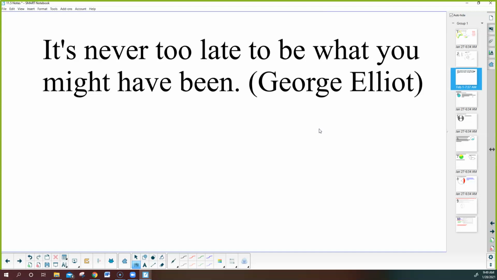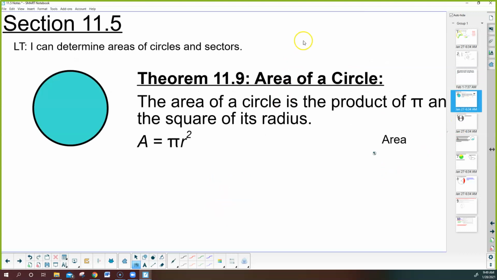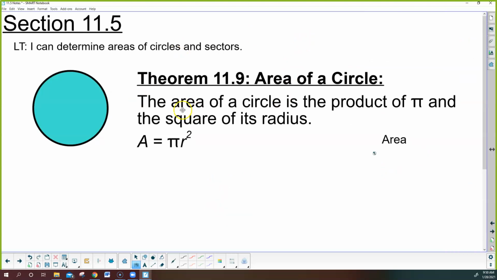We had talked about, and this is really important, if you've mastered chapter 11, which is what we're currently in, if you have done very well in area, the next unit, chapter 12, is going to be pretty successful for you because it's really based off of all the stuff we're doing in this unit. If you are struggling with this unit and you do not come and get help, then you are going to struggle even more in chapter 12. So come seek me out if you have questions, and we can talk about it.